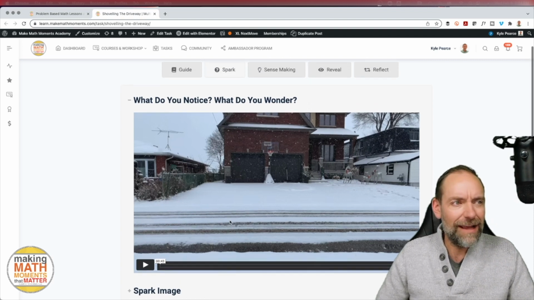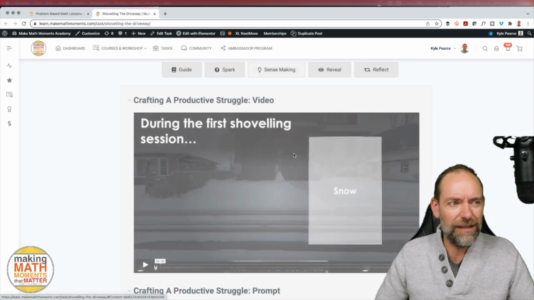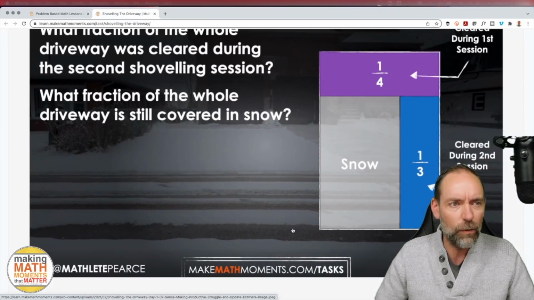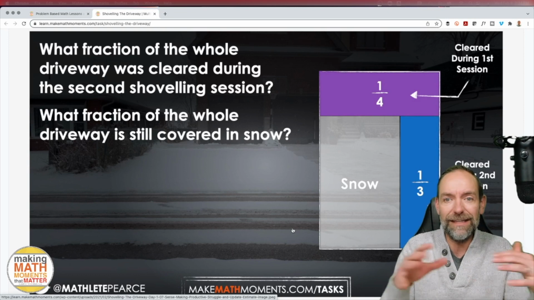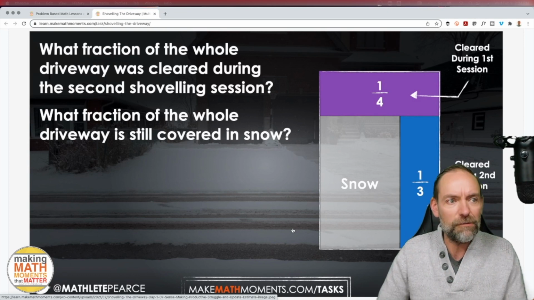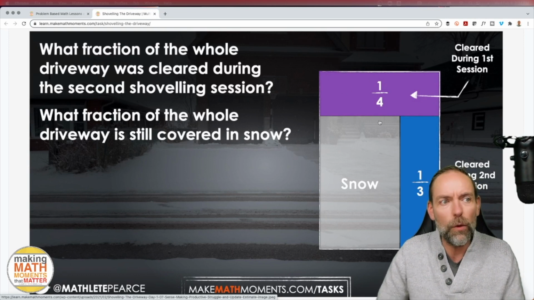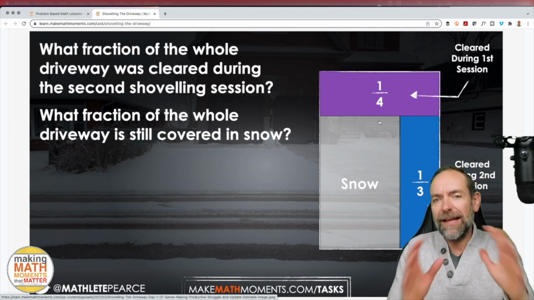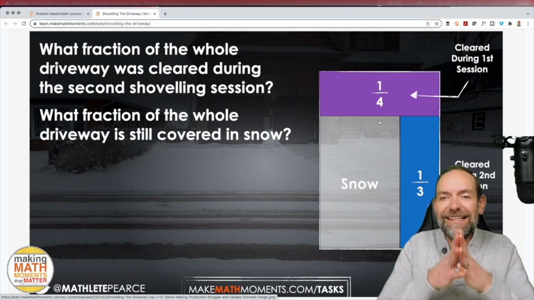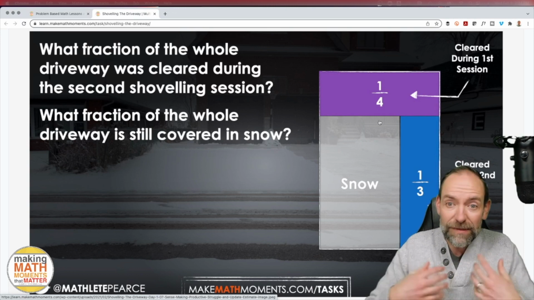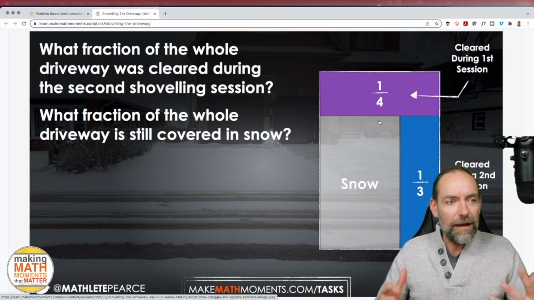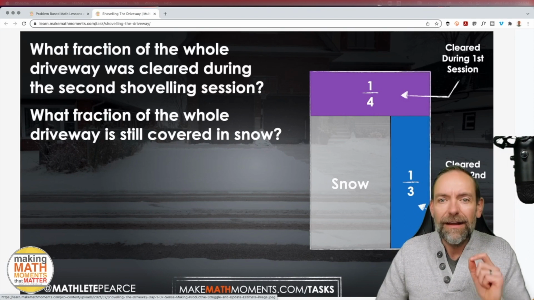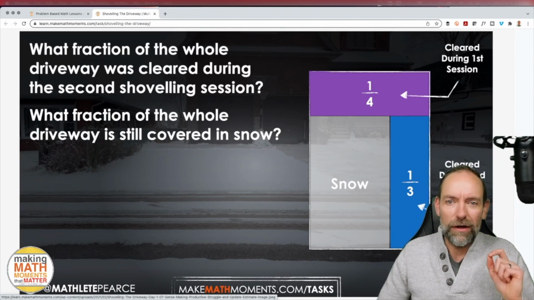At the end, what ends up happening is we give students this prompt. Here's the actual struggle prompt from day one, just to give you context before we dive in today. The first person comes out, shovels 1/4 of the driveway, goes inside, gets warm, has some hot chocolate, and then the second person, who happens to be my son, Lando Bando, comes out and clears 1/3 of the remaining snow-covered part of the driveway.